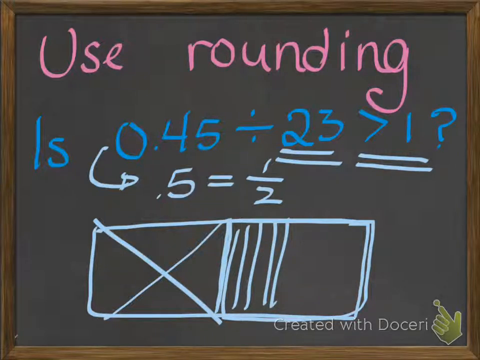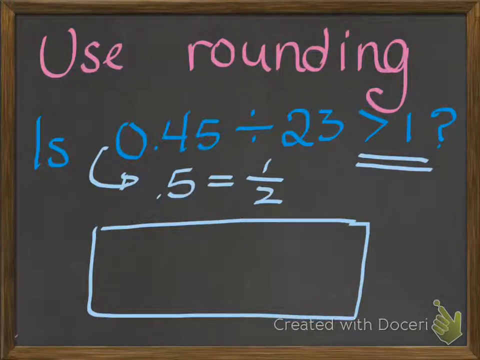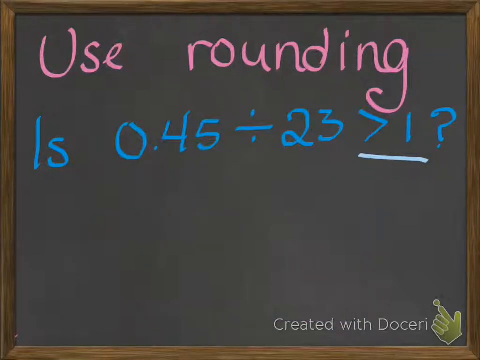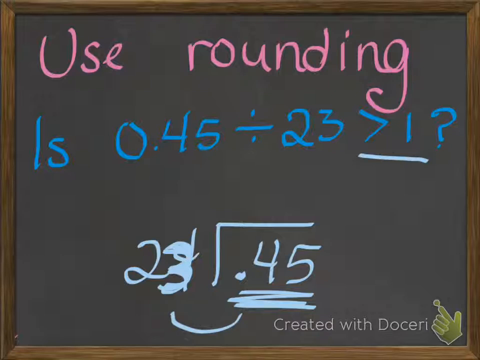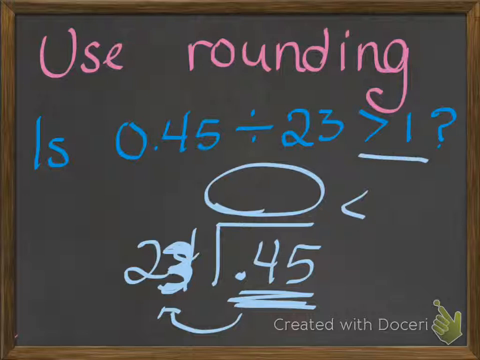And the truth is that there's a little trick that you can remember: if you divide a number, and the number that you're dividing, the dividend, is smaller than the divisor, so if this number is smaller than that number, then the answer is always going to be less than 1. Okay? It'll always be less than 1.